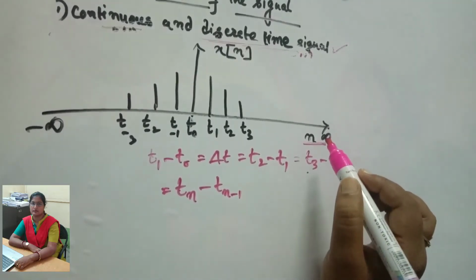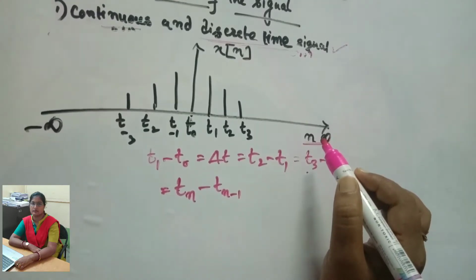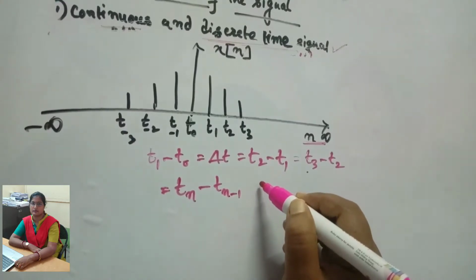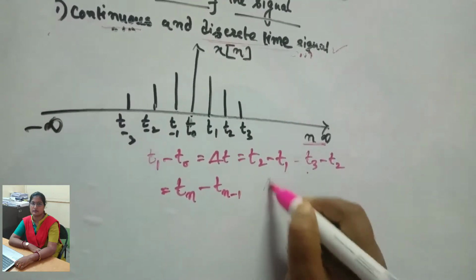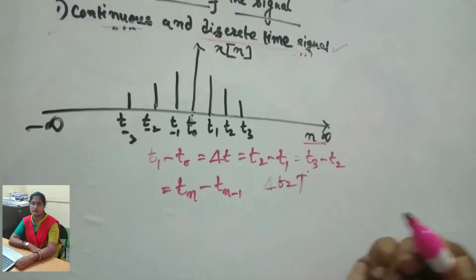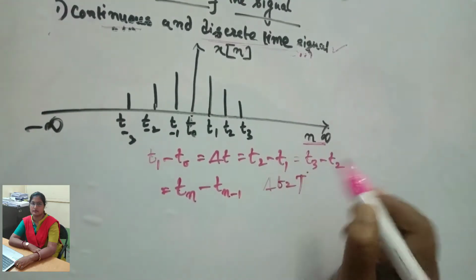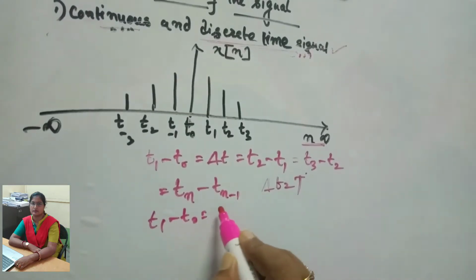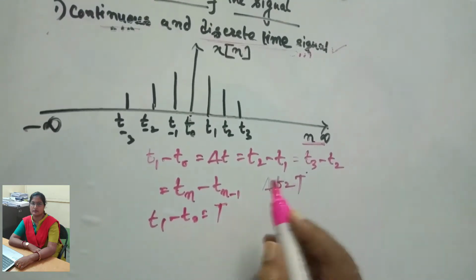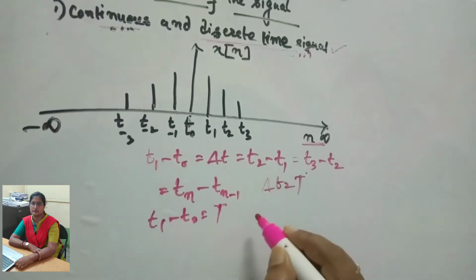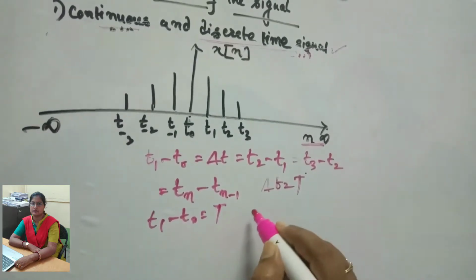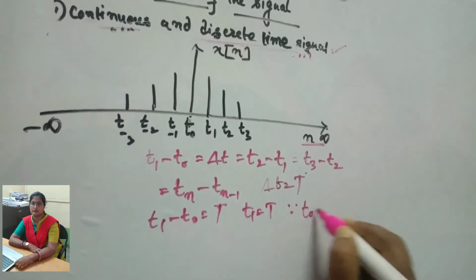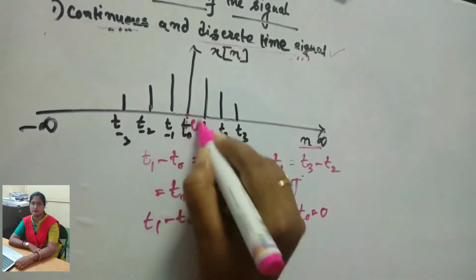Let's consider the case of a uniformly sampled signal. Because of this, delta t will remain the same, and let's say delta t equals T. When this happens, t1 minus t0 also equals T. That means t1 equals T, because t0 equals 0. We start at the 0 position.